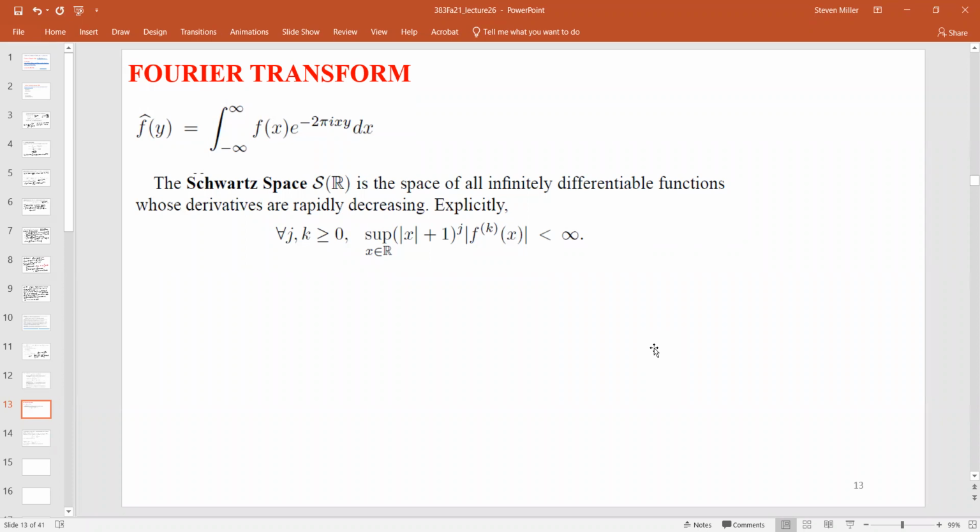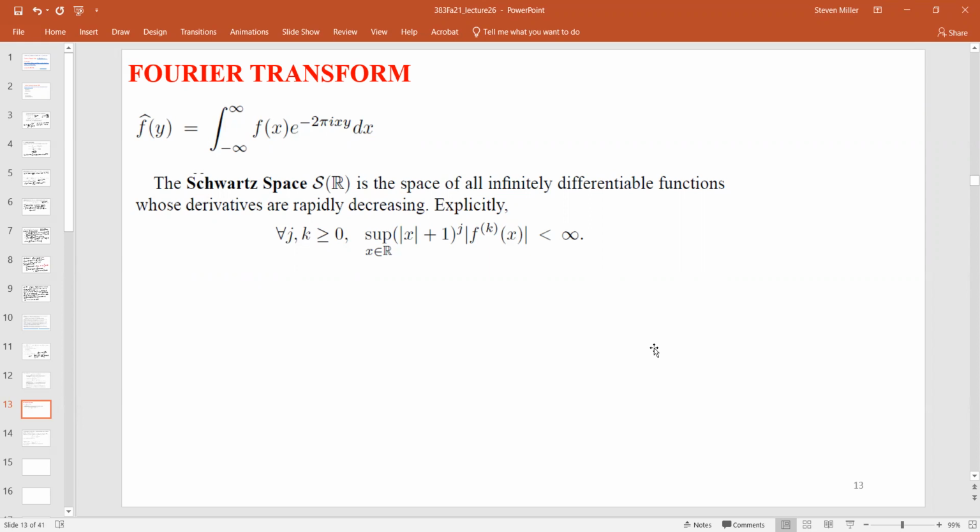So the Schwartz space is the space of all infinitely differentiable functions whose derivatives are rapidly decaying. What does this mean? It means if I take any number of derivatives of f and I multiply by any polynomial, then that is going to tend to 0. Well, technically I've written it's bounded, but I could always then take a higher polynomial to then show that it has to have decay.